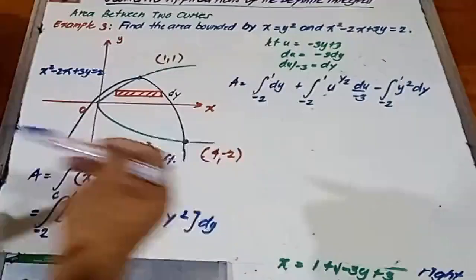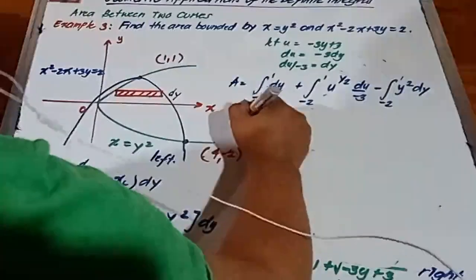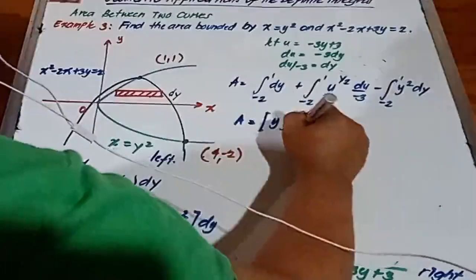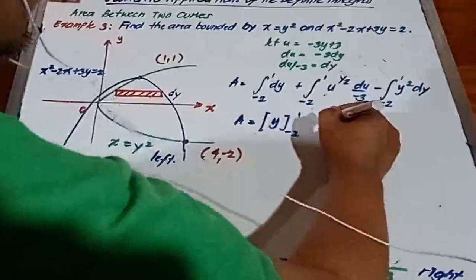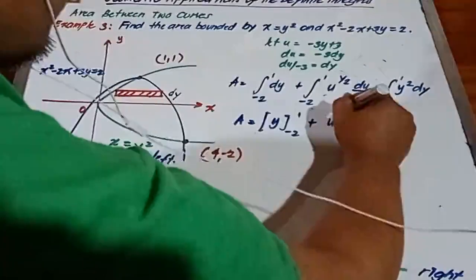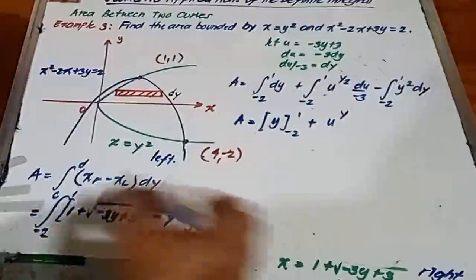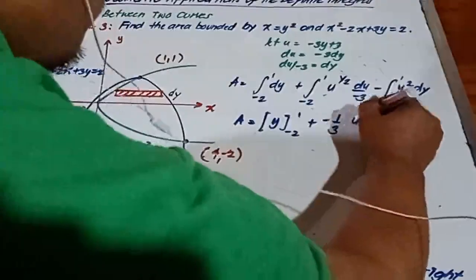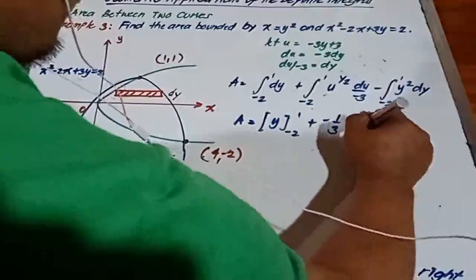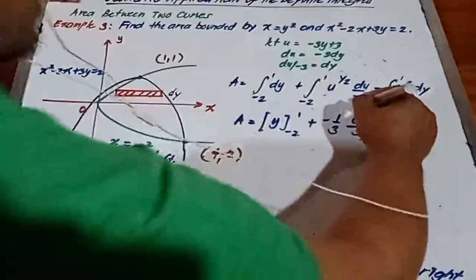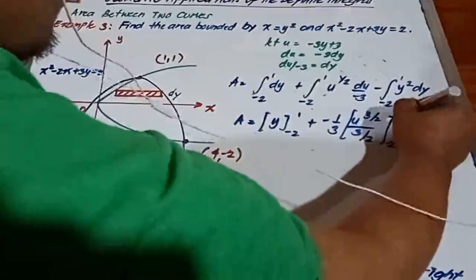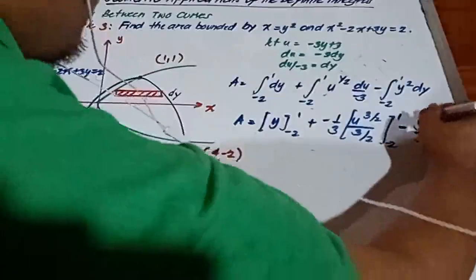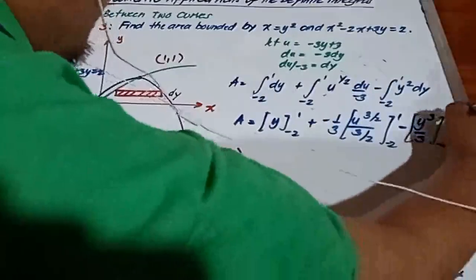Next is integral nito, that is y from negative 2 to 1. This is u to the 1 half, or 3 halves. By the way, ilabas ko muna yung negative 1/3. Negative 1/3 u to the 3 halves over 3 halves. Okay? That is from negative 2 to 1. This one is minus y cube over 3 from negative 2 to 1.